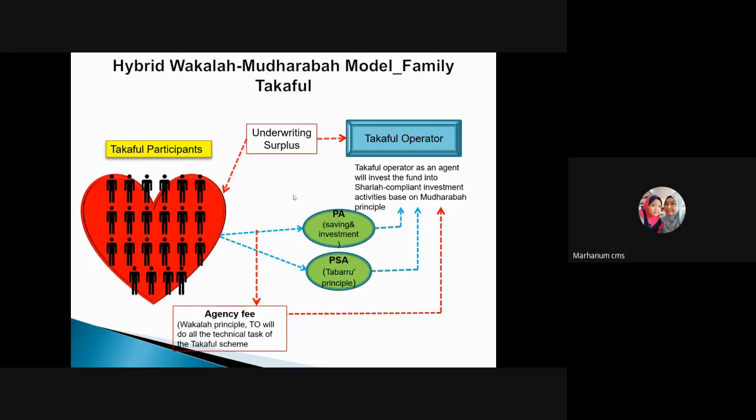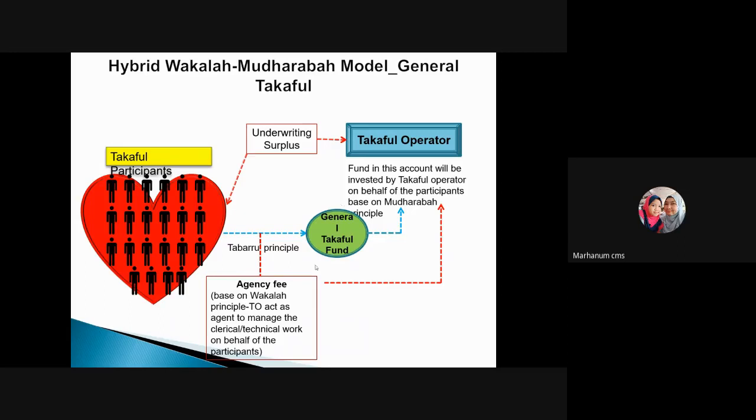Especially it is very hard for general takaful, whereby the participants do not know that the takaful operator basically invests their fund. They just need to have protection. So let's say the takaful operators inform them there is a profit sharing ratio that you agreed with us. What do you think will happen? They will ask for the profit sharing later on.